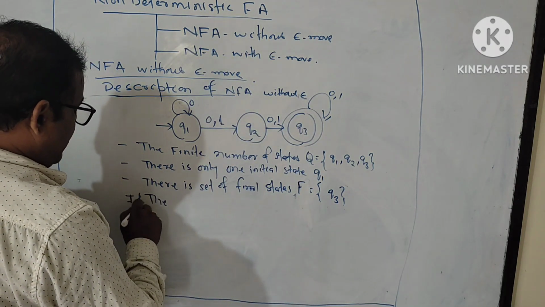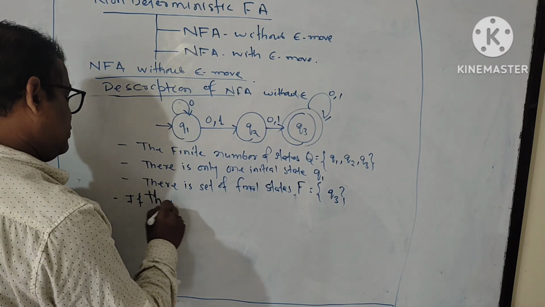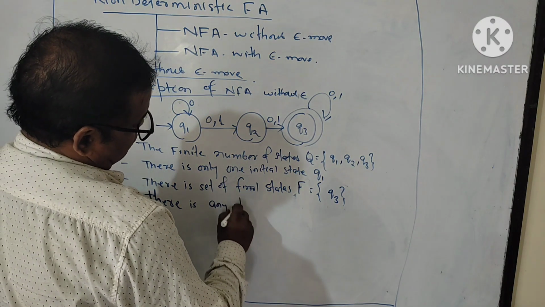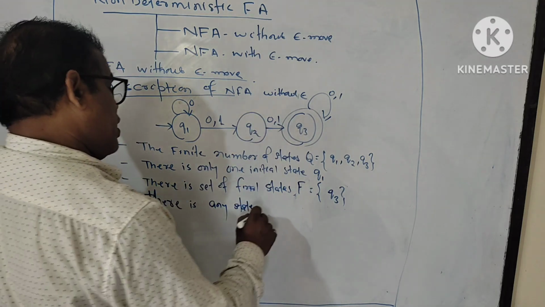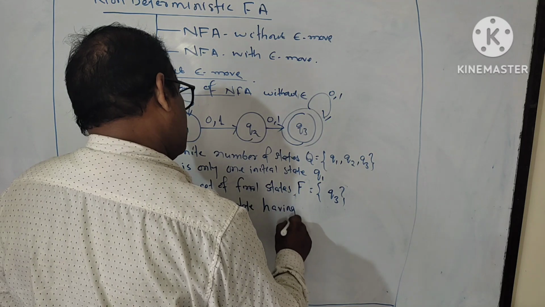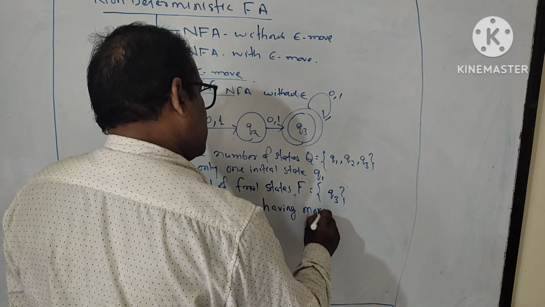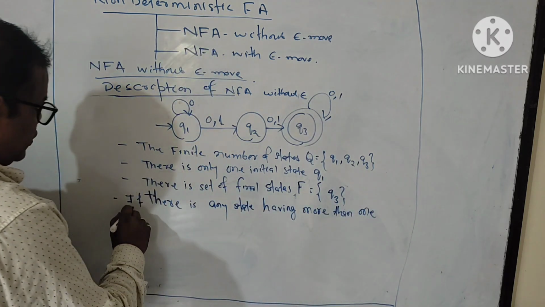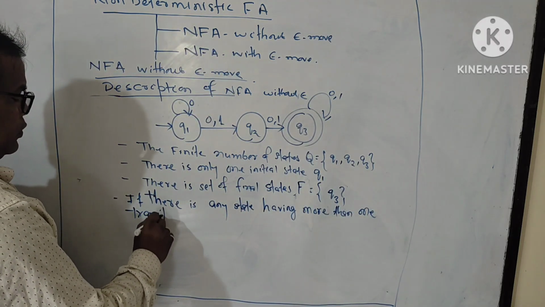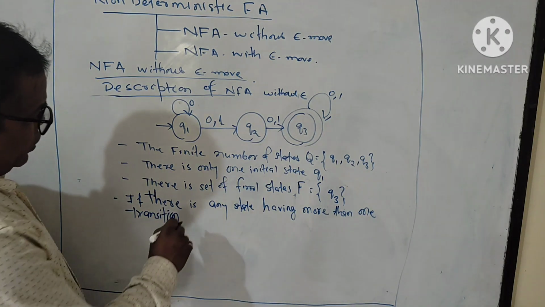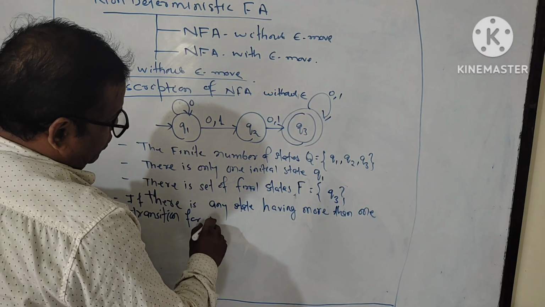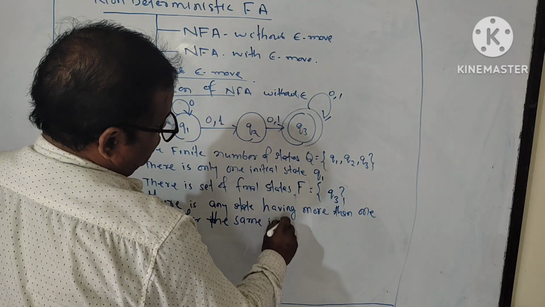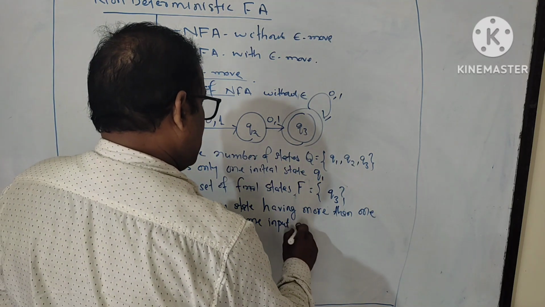If there is any state having more than one transition for the same input symbol or input alphabet.